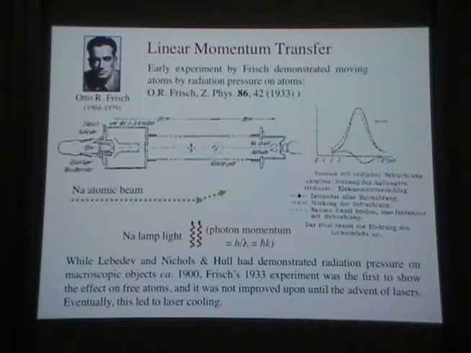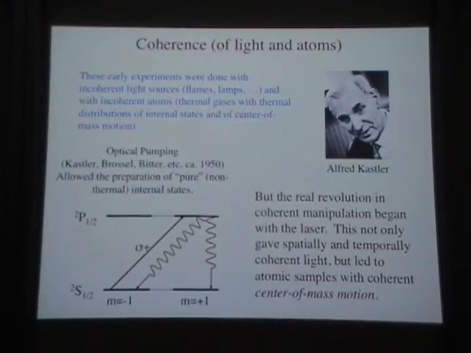There had been some earlier experiments by Lebedev and Nichols and Hall, which demonstrated radiation pressure on bigger objects, but I would pretty much consider Frisch's 1933 experiment as the first one that showed the effect on free atoms. Of course, not much really happened until the arrival of the laser, and this actually eventually led to the development of laser cooling.